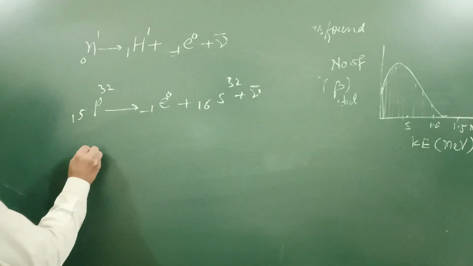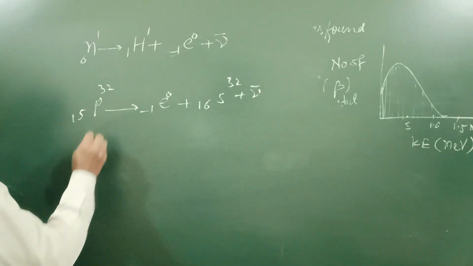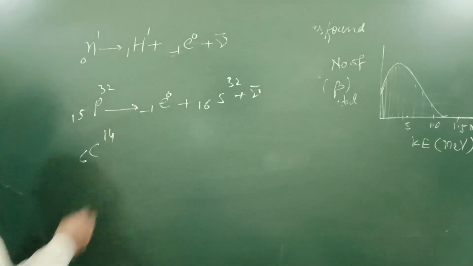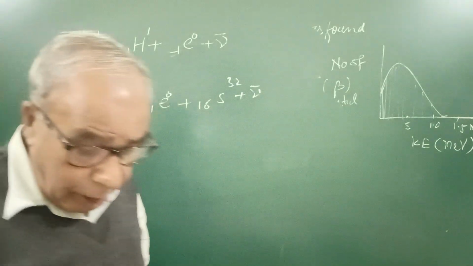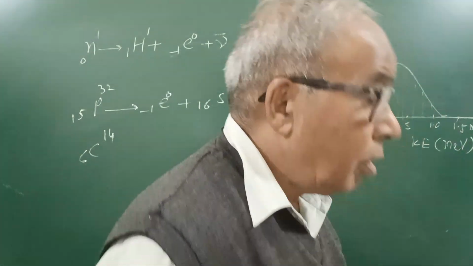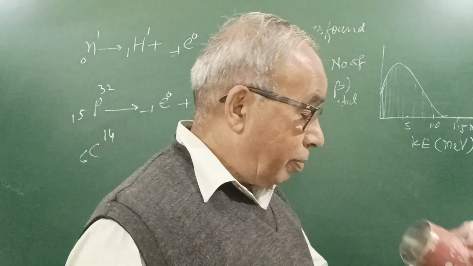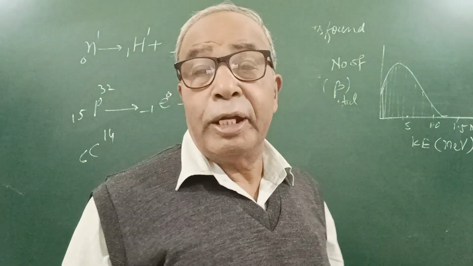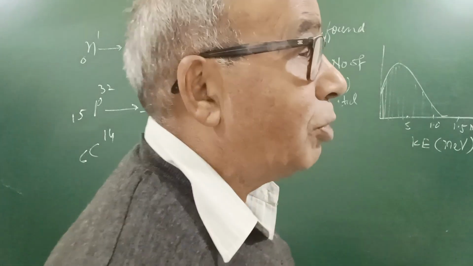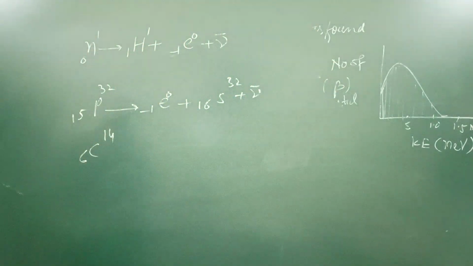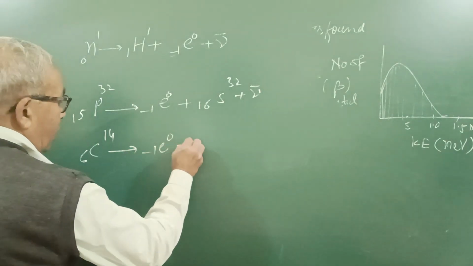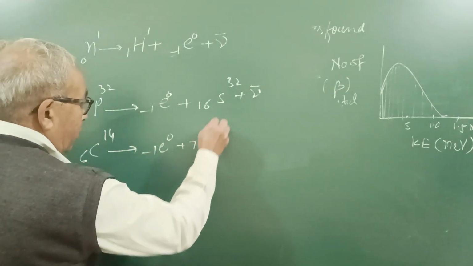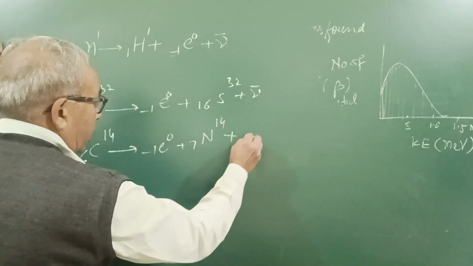One more: 6C14, carbon. This is a radioactive isotope of carbon. Isotopes of elements with radioactivity are called radioactive isotopes. So it also decays into -1e0 plus 7N14 plus antineutrino.